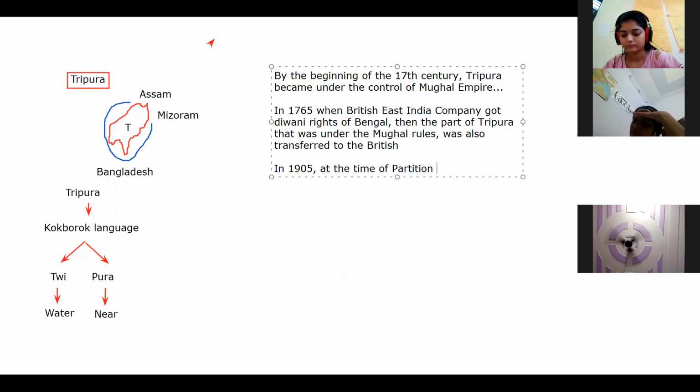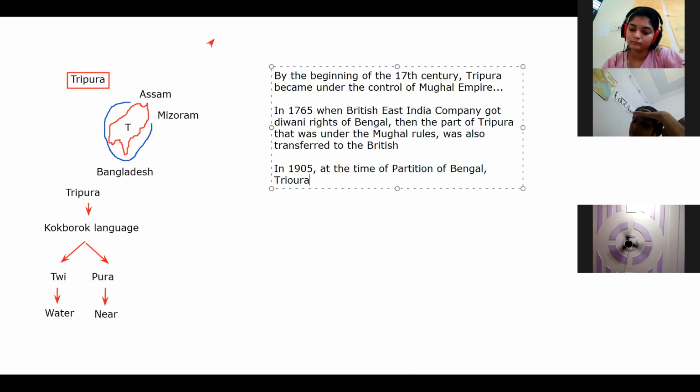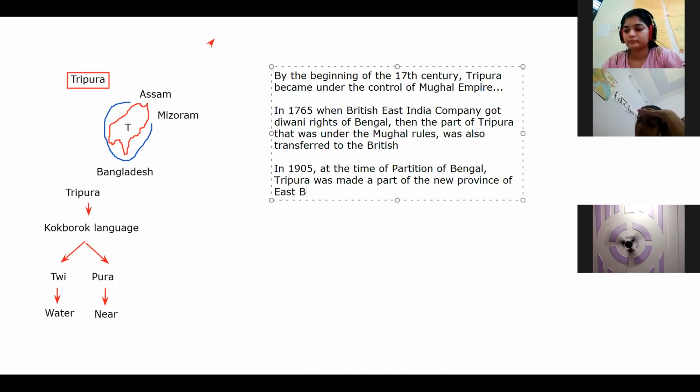So at the time of the partition of Bengal, Tripura was made a part of the new province of East Bengal and Assam.